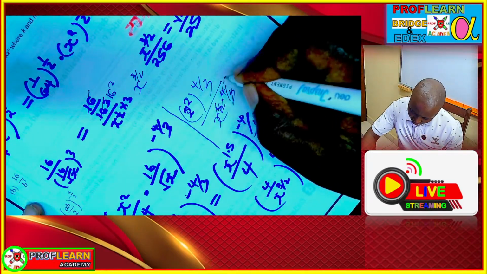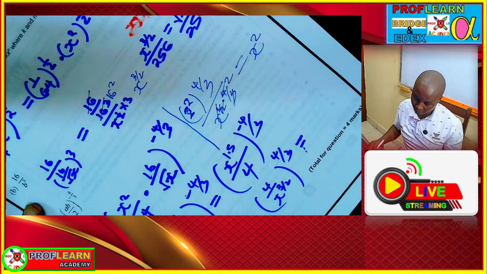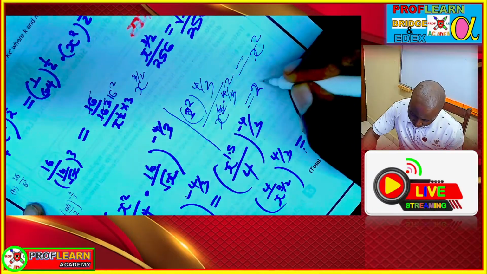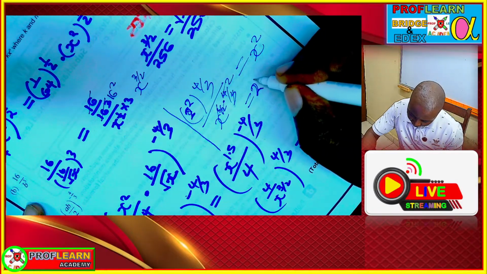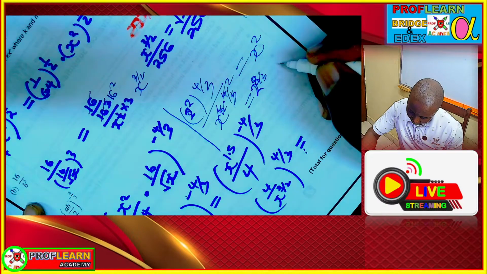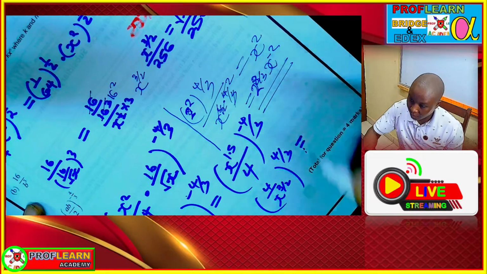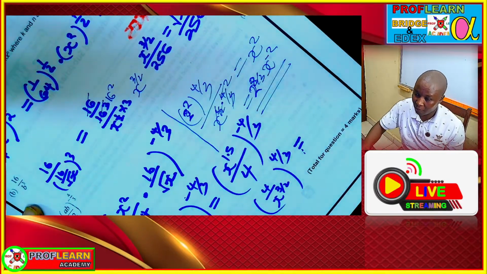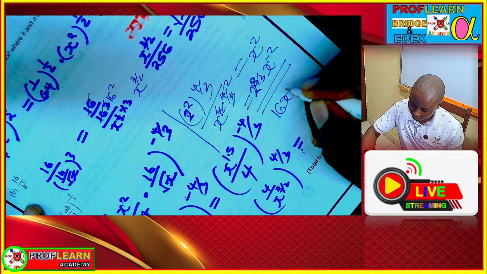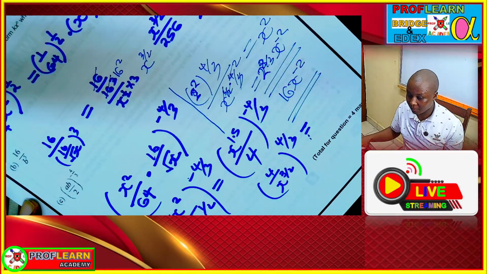This one will be 2, so we shall have x raised to power 2. Then we shall have this as 2 raised to power 8 over 3, x negative 2. So finally, this is going to translate to 16 x raised to power negative 2 in that case.